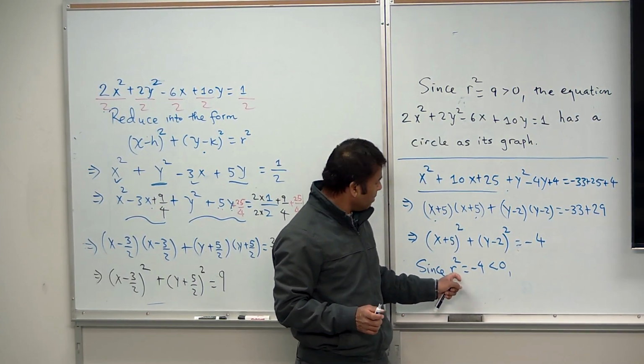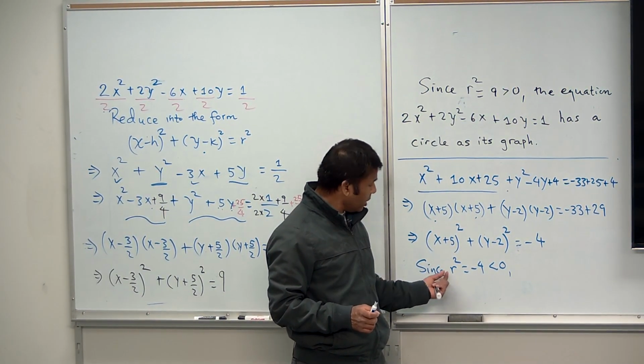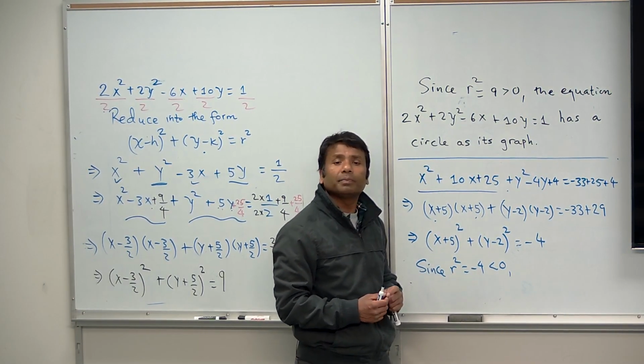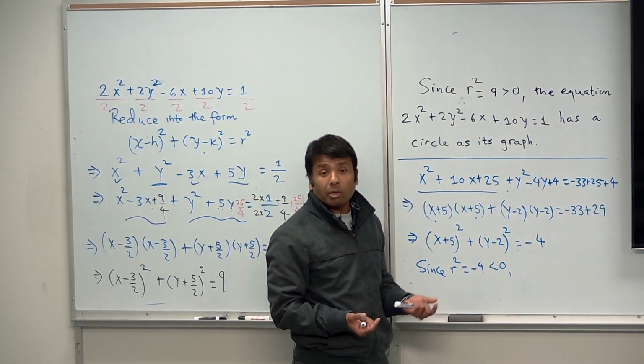You know why, guys? Because this is r squared, and the square of any number must be either positive or 0.